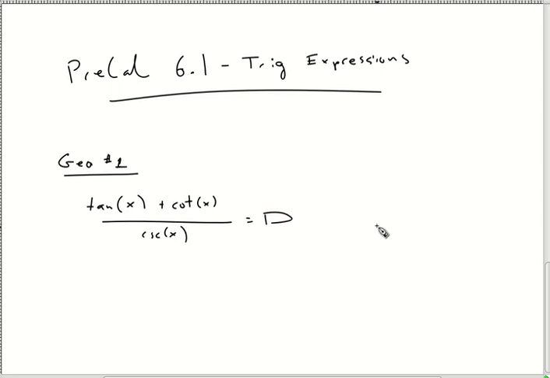And it says rewrite using only cosine of x. Okay, so what we need to do is just keep on simplifying, essentially.